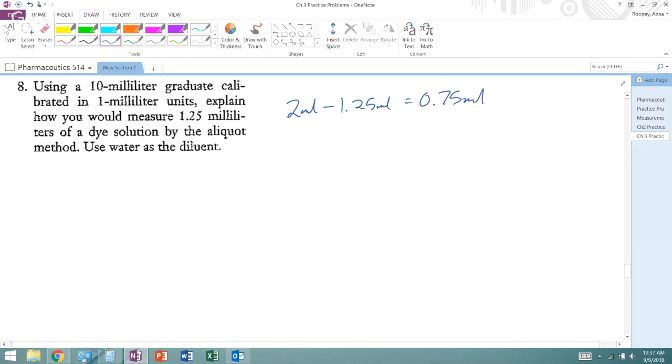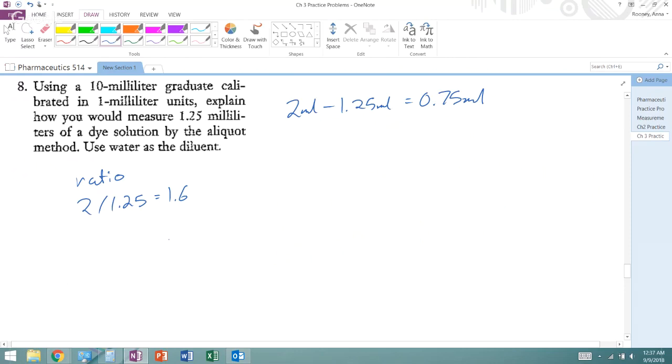And then we have to find the ratio. The ratio is 2 divided by 1.25 is equal to 1.6, which is our minimum ratio.